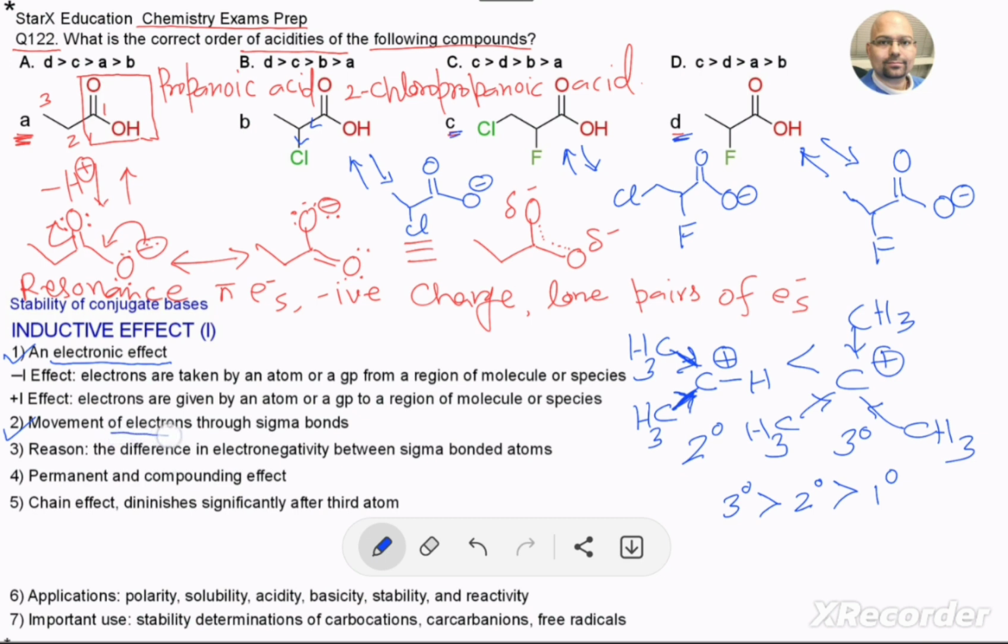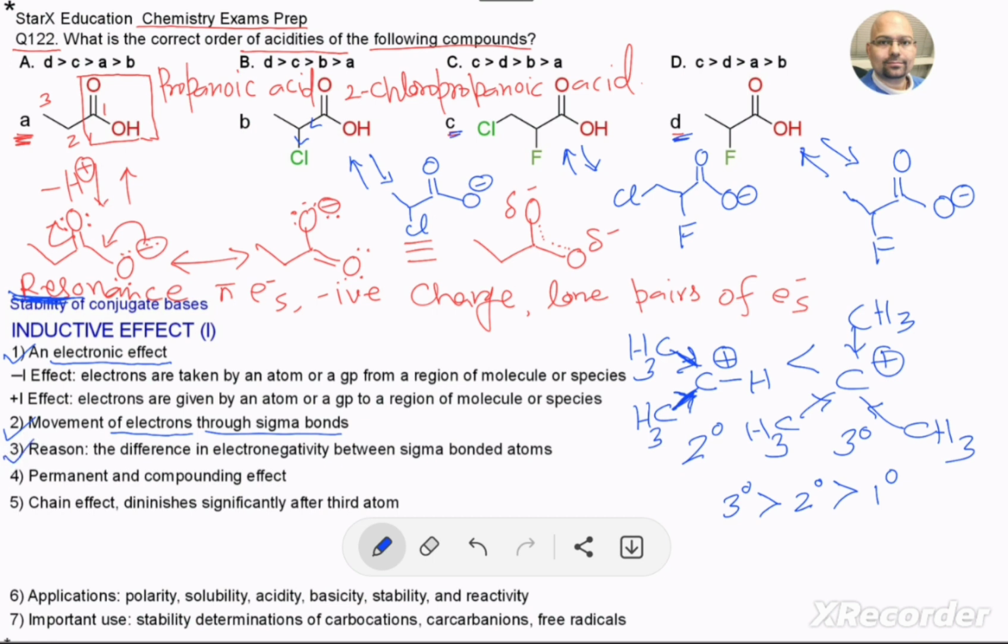This is important because the difference between the resonance and the inductive effect is that in inductive effect the electron movement is through sigma bonds, but in resonance effect the movement of electron or electron density is through pi bonds. So that's one significant difference that separates these two types of electronic effects.